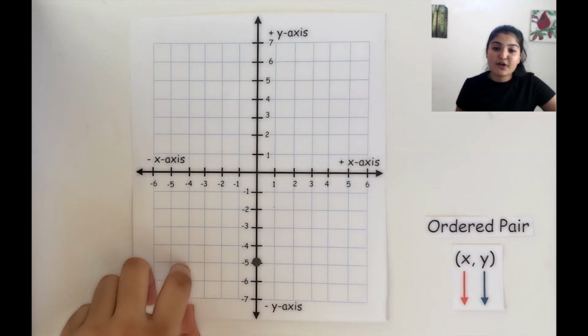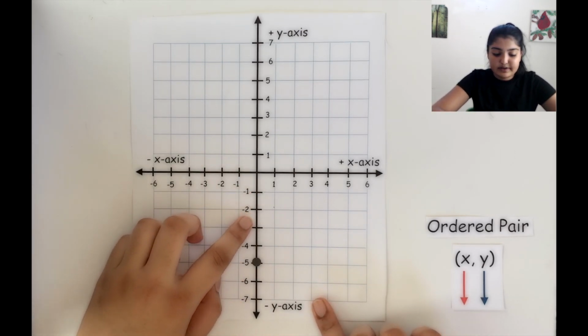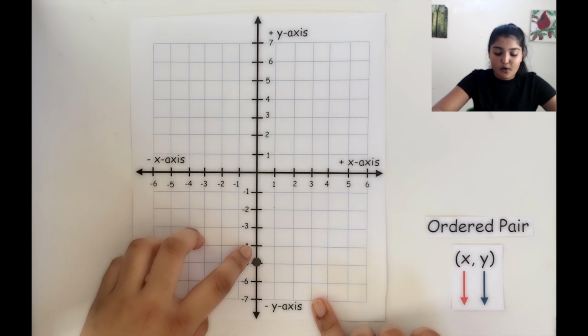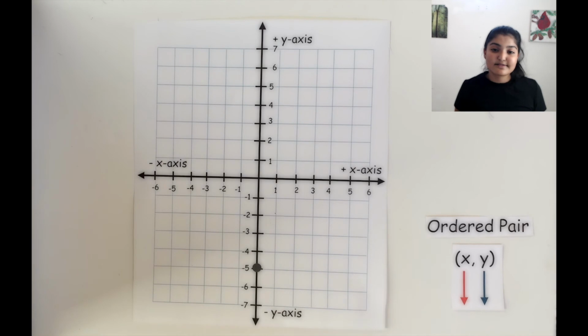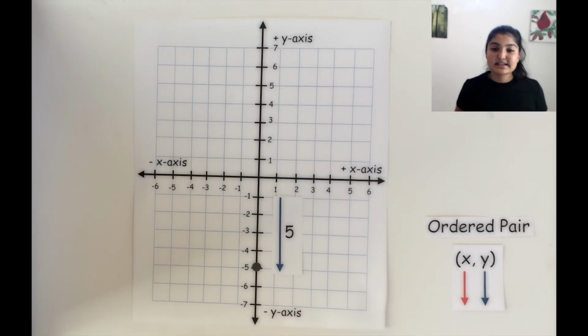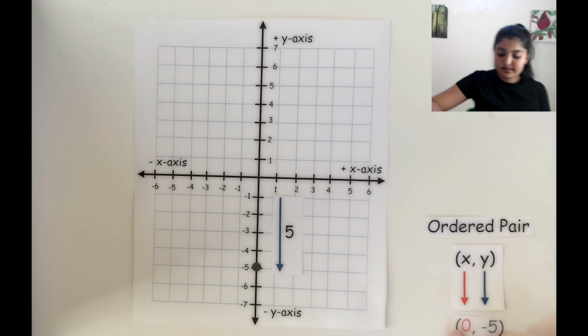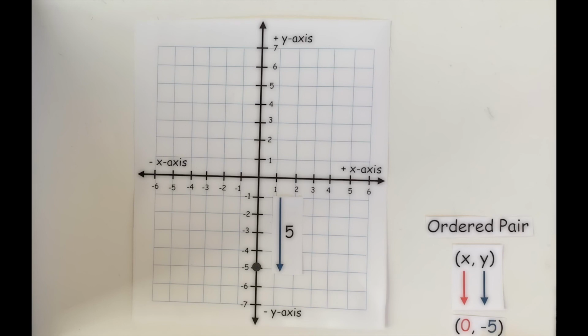But how far do we move vertically? 1, 2, 3, 4, 5. So we move 5 units down towards the negative y-axis. This gives us the ordered pair of 0, -5.